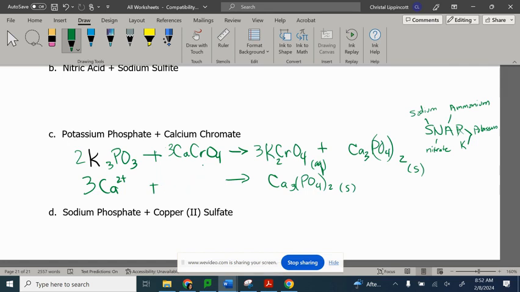I've screwed up on a couple things here. This is phosphate. There, that's better. Calcium phosphate, so I need 2 of my phosphates, PO4 3 minus. There we go. That looks better. And then these are both aqueous on this side, and that takes care of my net ionic.